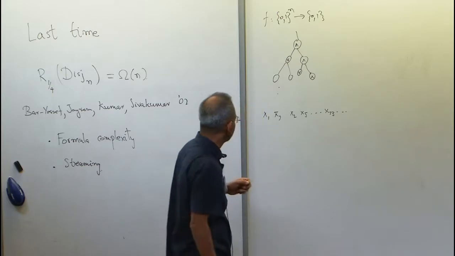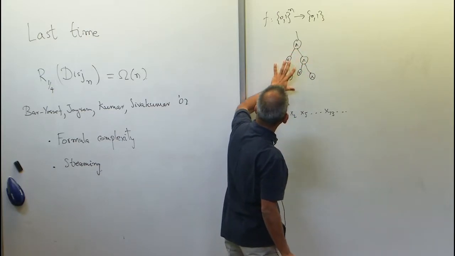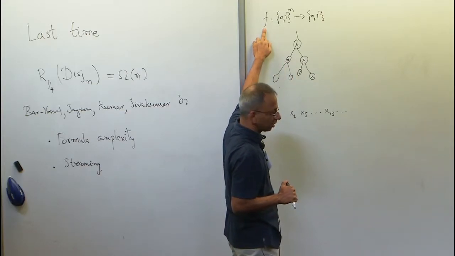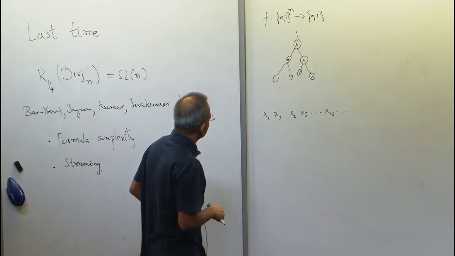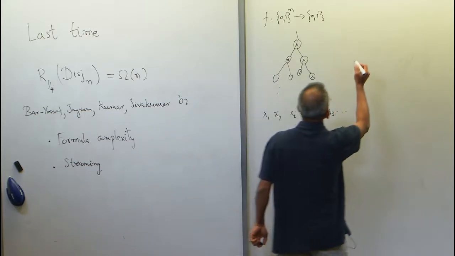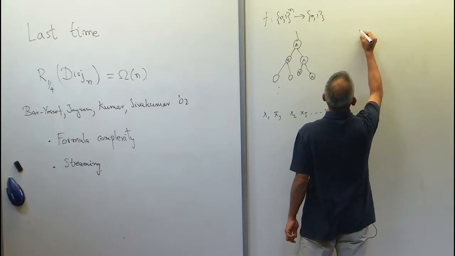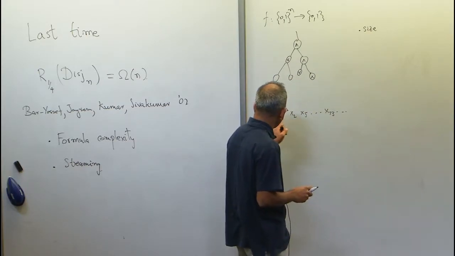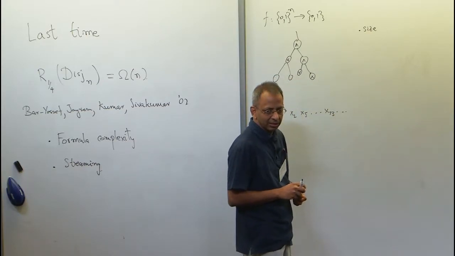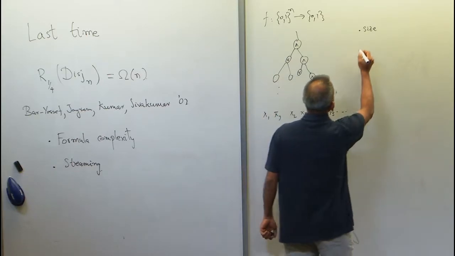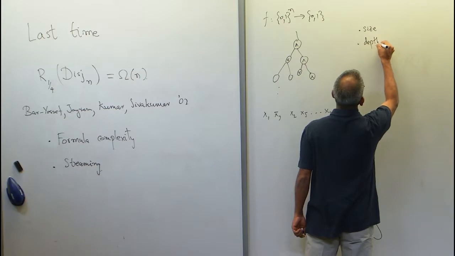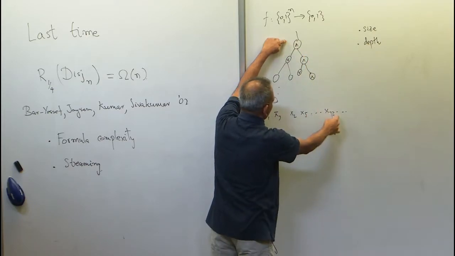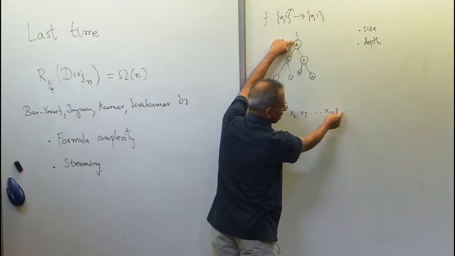And we would like to understand how efficient we can make this formula for computing a given function f. There are two measures. One is size, and by size, let us say we just count the total number of literals that appear in the leaves, or the depth: the length of the longest path from the root to a leaf.